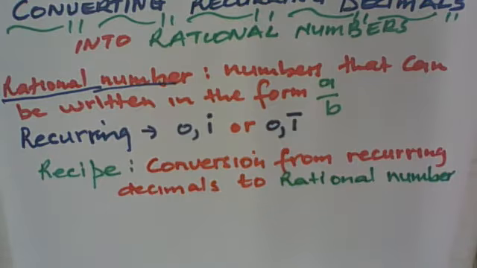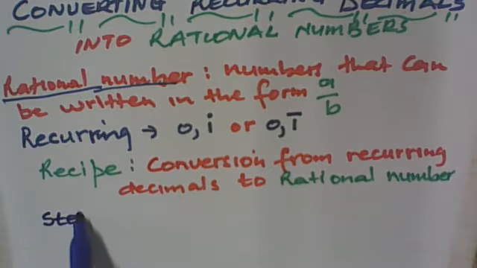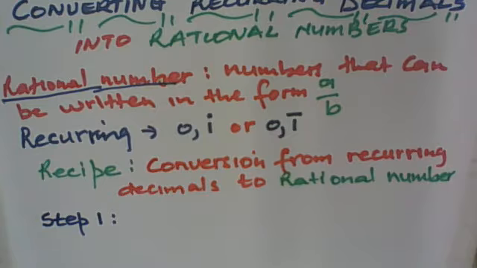Right. Now, step number 1. A recipe has a title and it also has steps. Now, let me start with the first step. What do I need? I need to form an equation. In order to do this, I must form an equation.